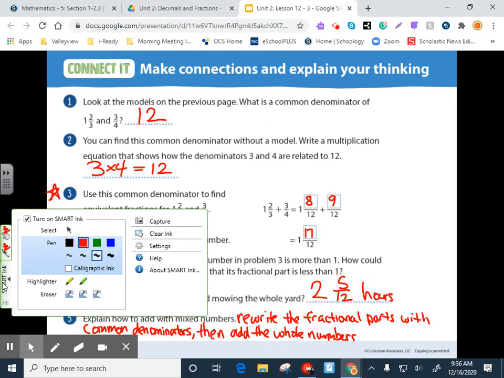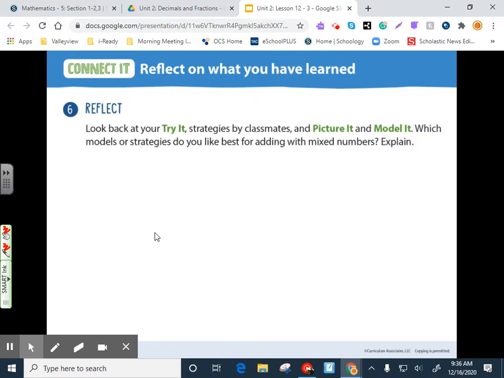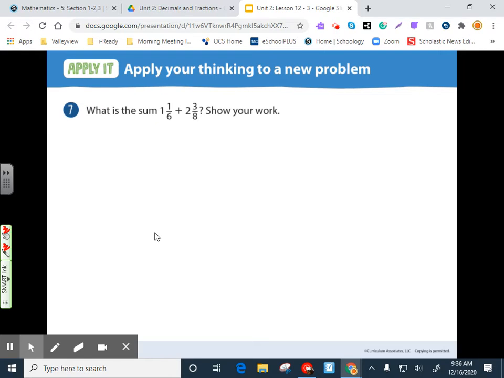All right. So as always, skip 6 since we can't really have a discussion about that. And let's put this to work. What is the sum of 1 and 1/6 and 2 and 3/8? Show your work. Well, this is the work we're going to be doing here. We're going to deal with 1/6 and 3/8 since those have unlike denominators.